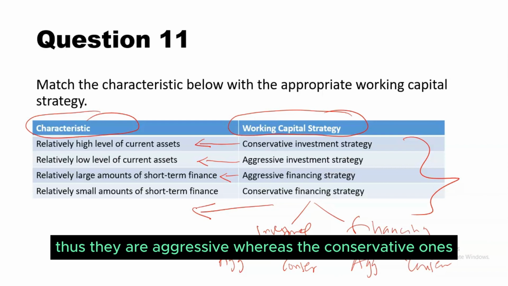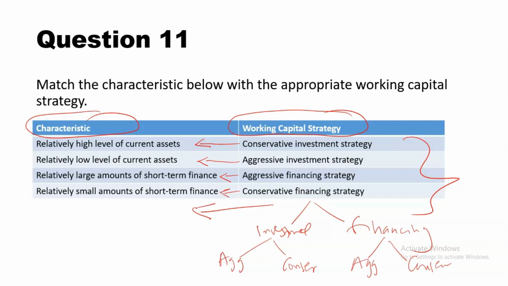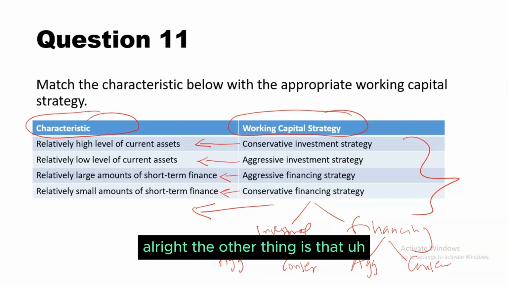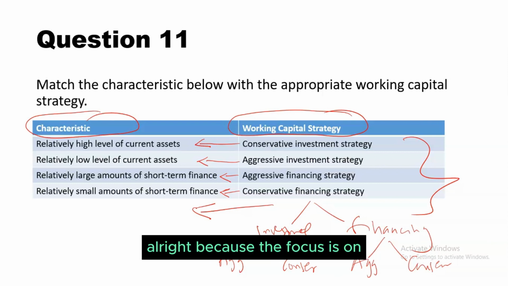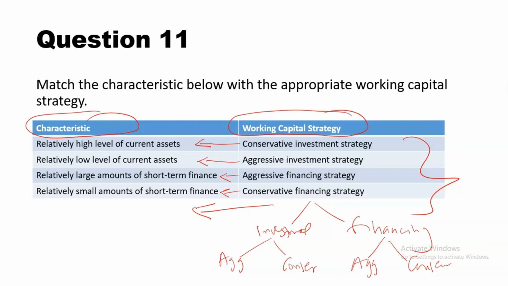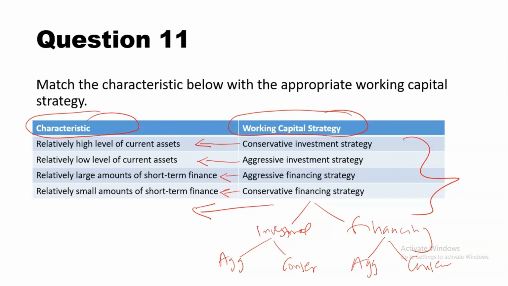Whereas the conservative ones tend to require a relatively small amount of short-term finance. The other thing is that in conservative financing, we actually want longer term finance, because the focus is on gradual growth.